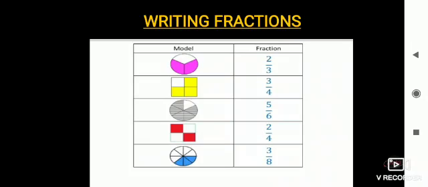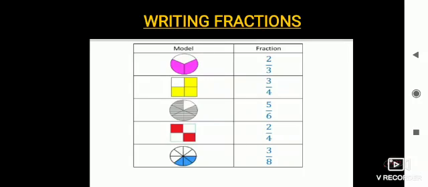Let's see how you can write the fractions. Look at the table which is given on the screen. On one side of the table, you can see the figures which are divided equally into some parts. Now let's see how you can write the fraction for the shaded portions. Look at the first figure, which is a circle. It is divided into 3 equal parts, and out of 3 parts, 2 are shaded.